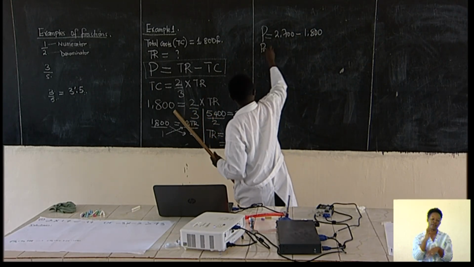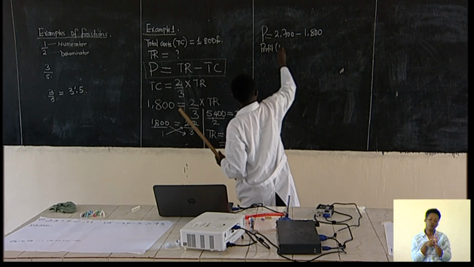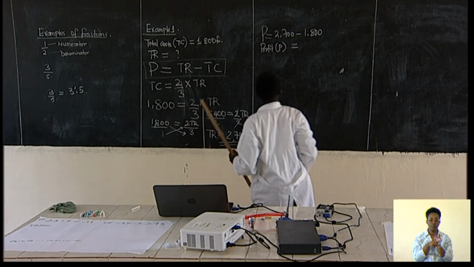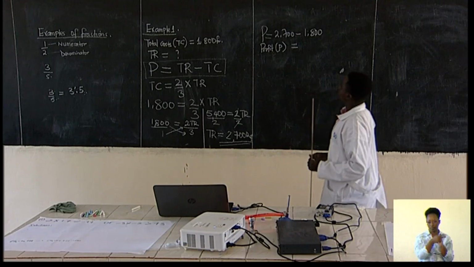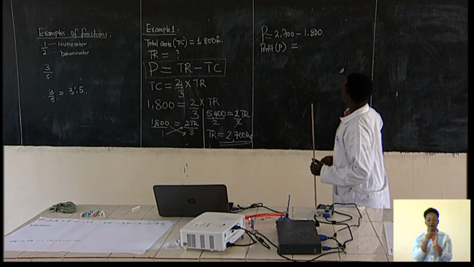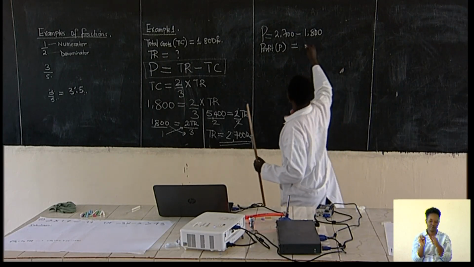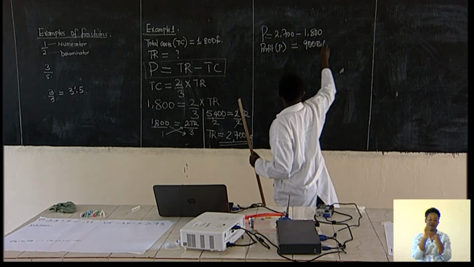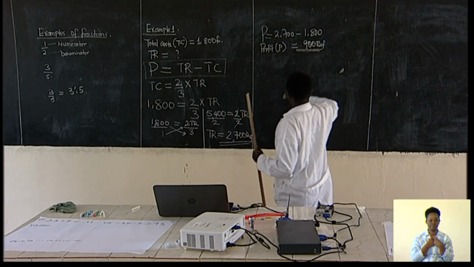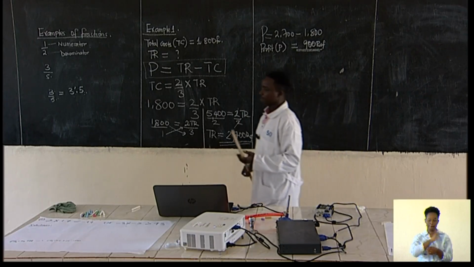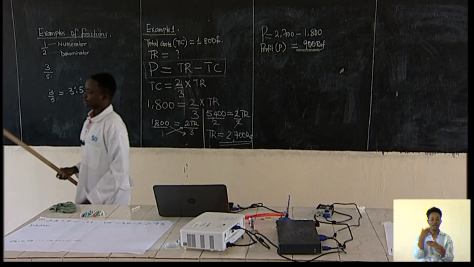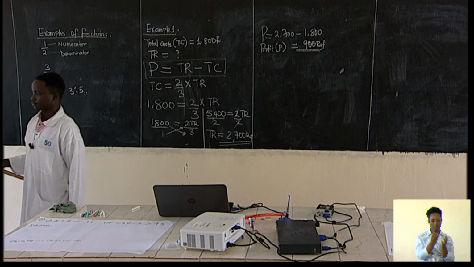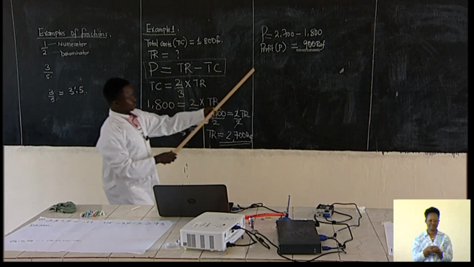So the profit that was realized will be equal to 2,700 minus 1,800, you remain with 900 Rwandan francs. So this was our profit that was realized after producing a basket of pancakes.